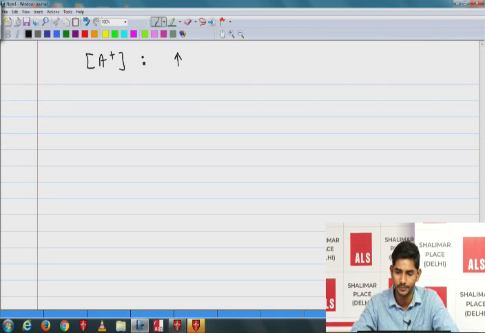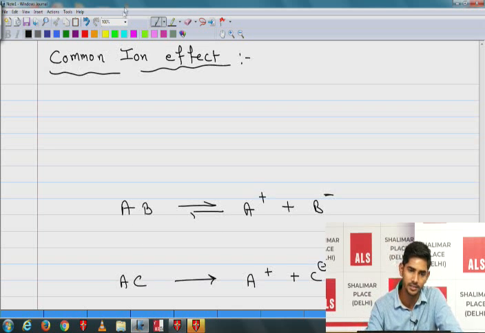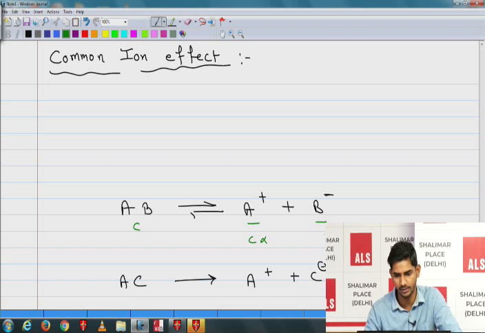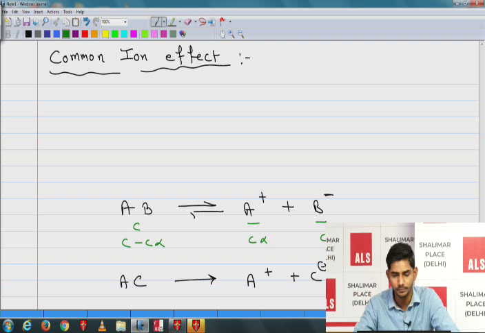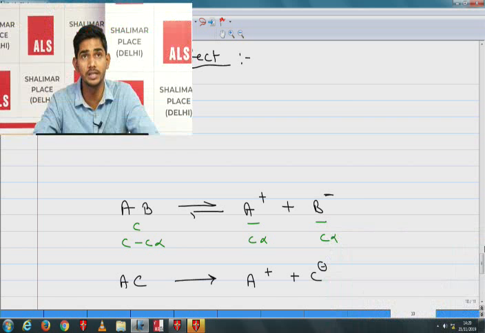Yes, very good. It will decrease. See, why we are saying decrease. Suppose the initial concentration was C, this was 0, this is C alpha, this is C alpha, this is C minus C alpha. You are saying A is increased. Initially the concentration of A and B were equal, both are C alpha.